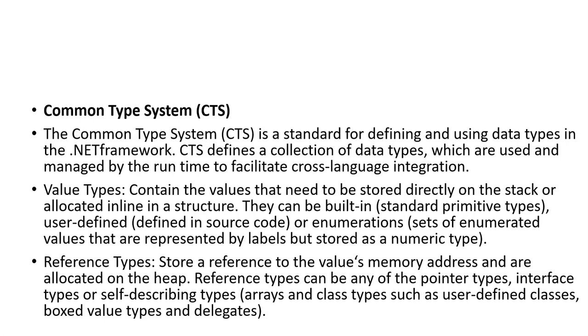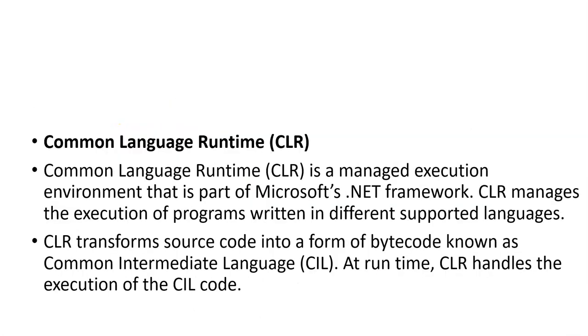Sometimes we provide the result, sometimes we provide the location where the data is stored. When I don't want to send the data through some environment, I send the reference of the type, meaning the location, the address of the type. We call this the Common Type System.